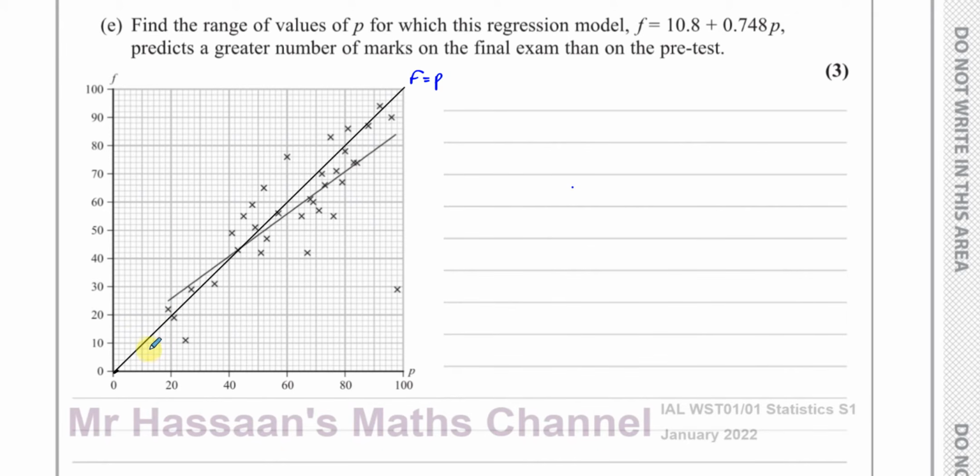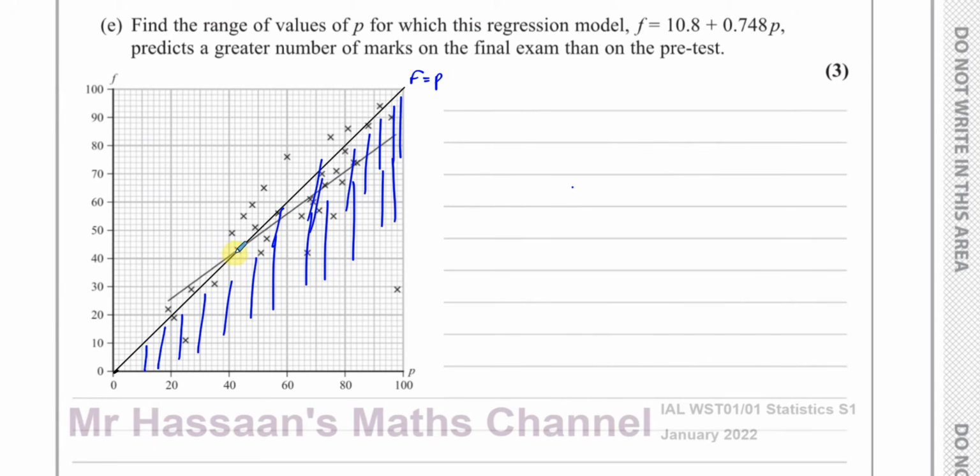For example, if I shaded this area over here, then the region from here and below, this unshaded region, is where the marks on the pretest are going to be higher than on the final exam. So this point where they intersect here and what's below that. So when p is equal to this value over here.